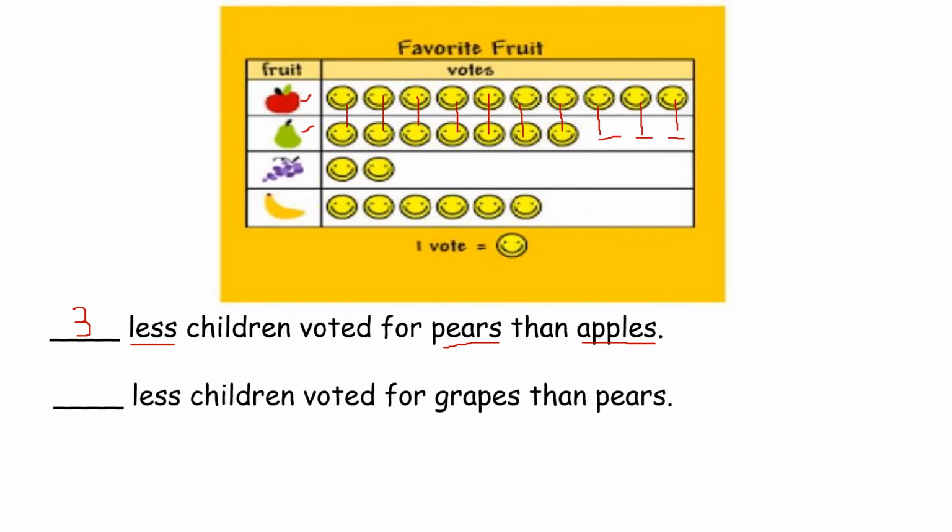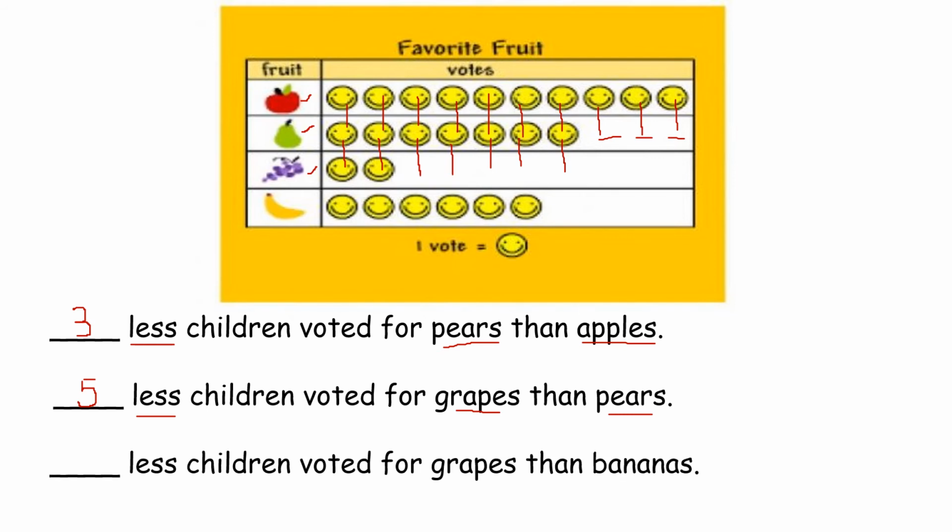Then we have how many less children voted for grapes than pears. So we are looking at grapes and pears. And we match. Let's see how many we have missing. 1, 2, 3, 4, 5. We have 5 missing. So therefore we have 5 less children. So with less, we are looking at the missing faces.